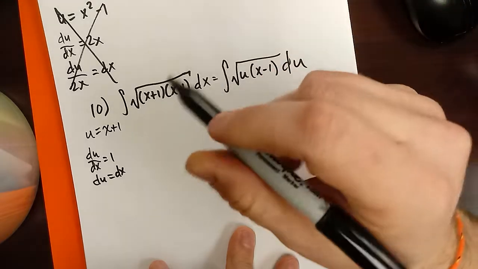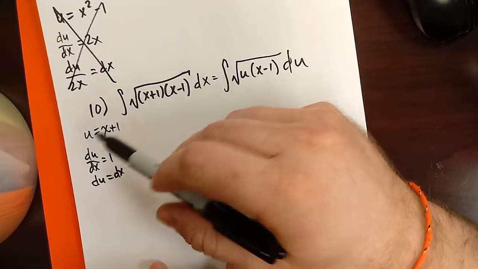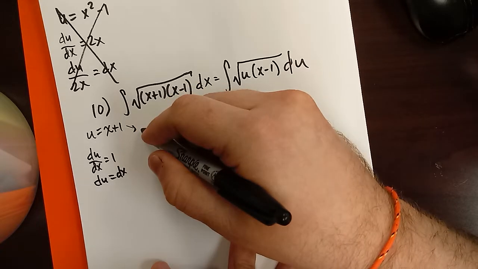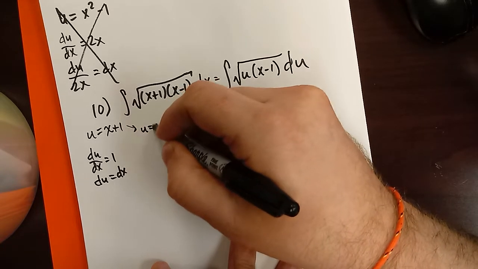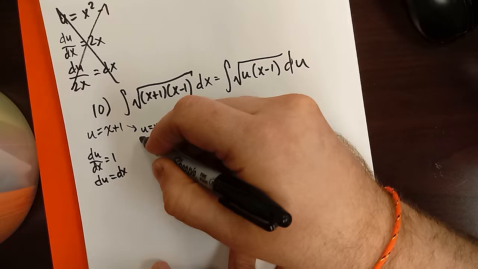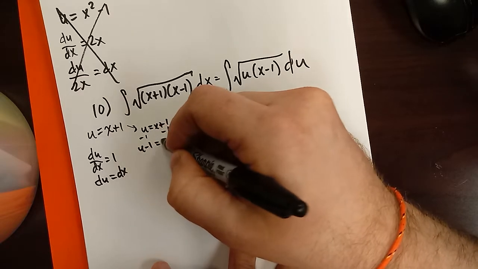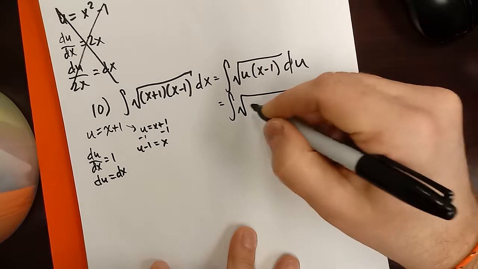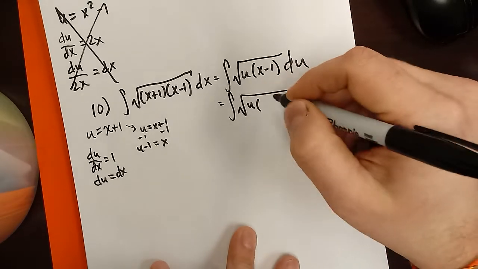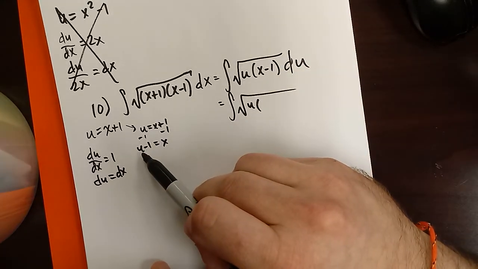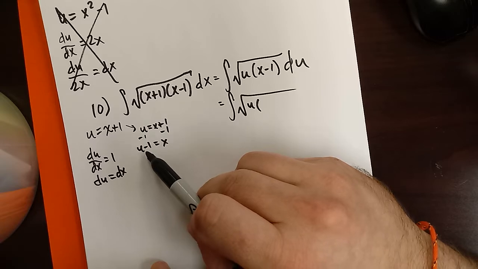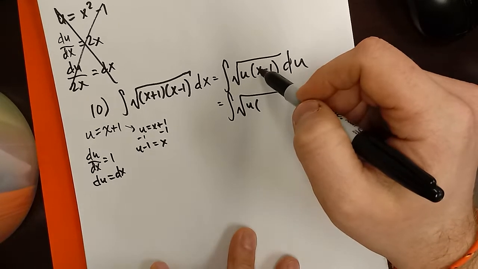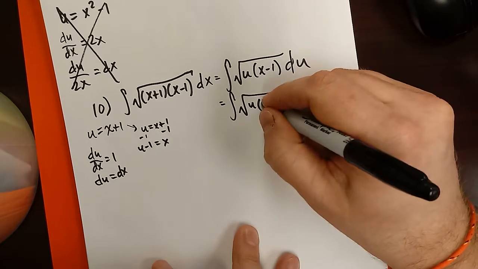Well, if x plus 1 is u, then couldn't I rewrite this and say that if u is equal to x plus 1, if I solve this for x and get u minus 1 is equal to x, couldn't I say this is the square root of u times u minus 1 minus 1? Like where x is, replace it with u minus 1.